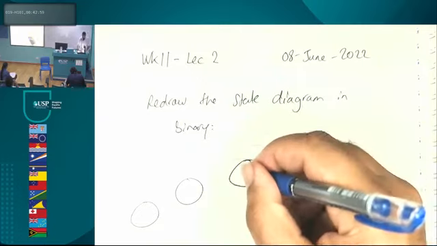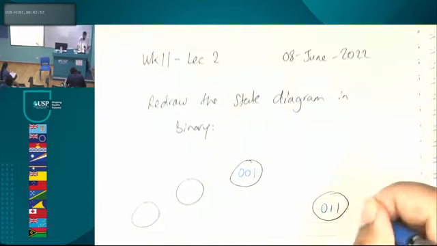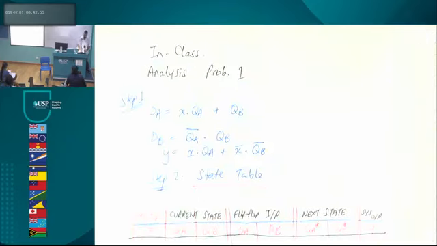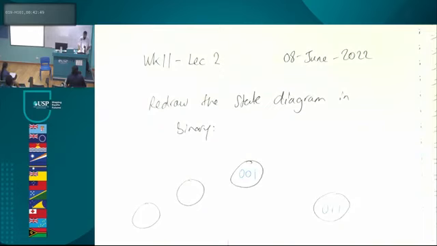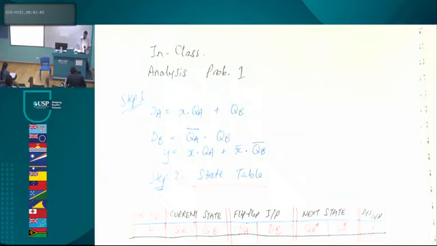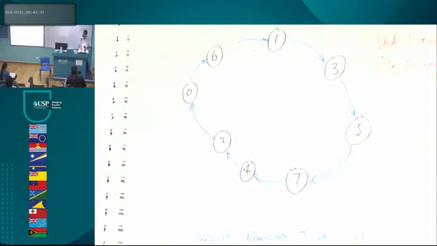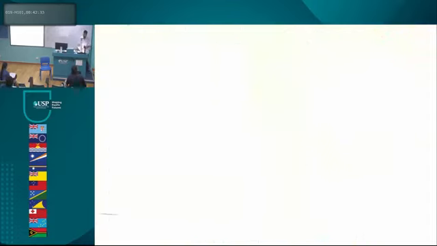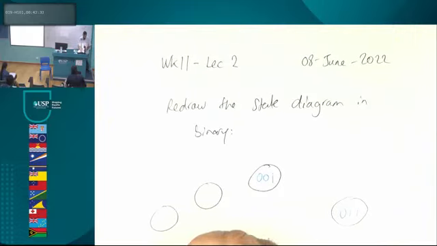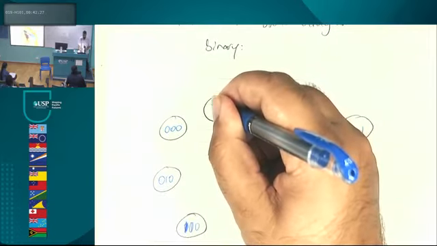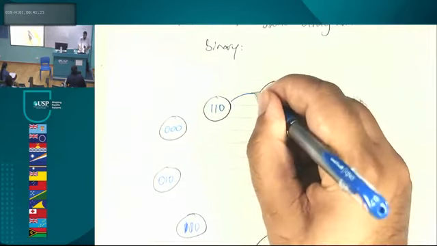Firstly it started off with 1, which is 0, 0, 1. 3 is 0, 1, 1. 5 is 1, 0, 1. 7 is 1, 1, 1. 4 is 1, 0, 0. 2 is 0, 1, 0. 0 is 000. 6 is 1, 1, 0, and it all goes in that direction.